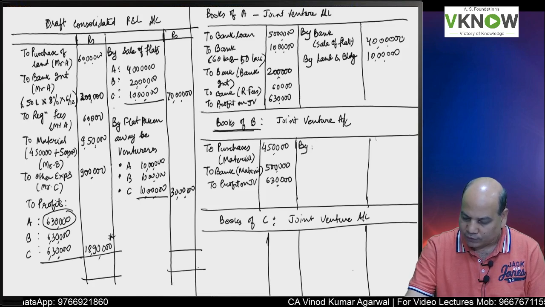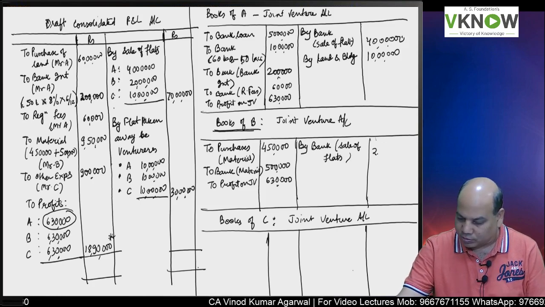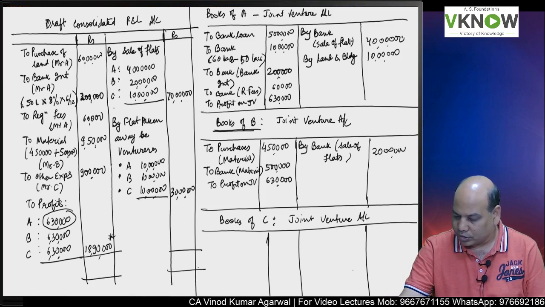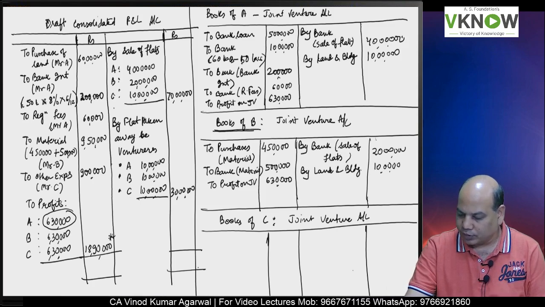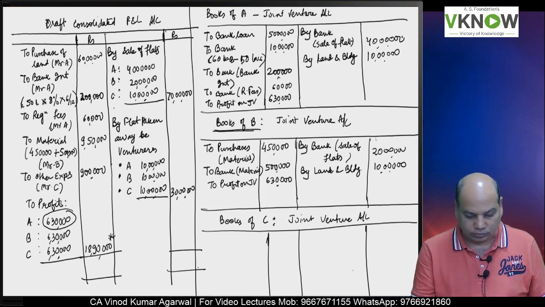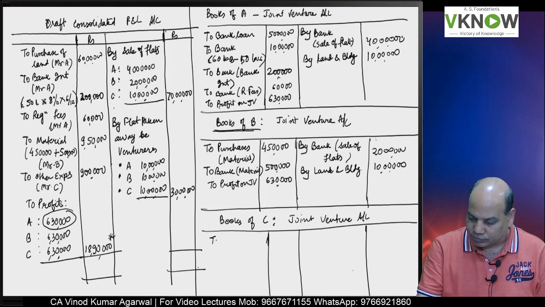He has sold flat by bank, he has sold flat and he collected 20 lakh rupees, and by land and building he has taken over one flat valued at 10 lakh. And now we'll write entries in the books of C also.